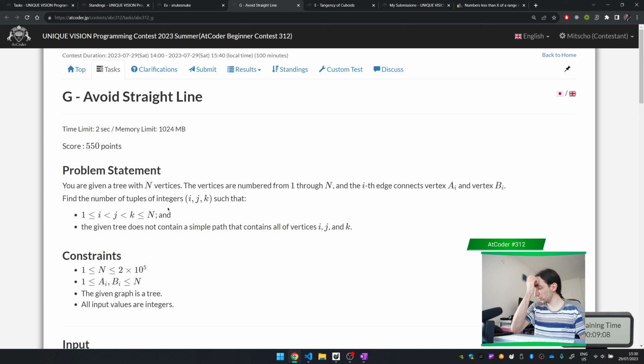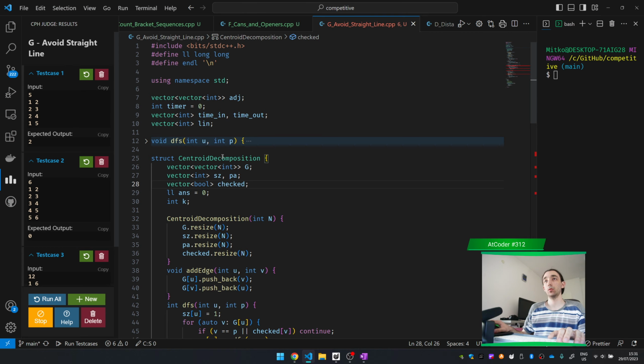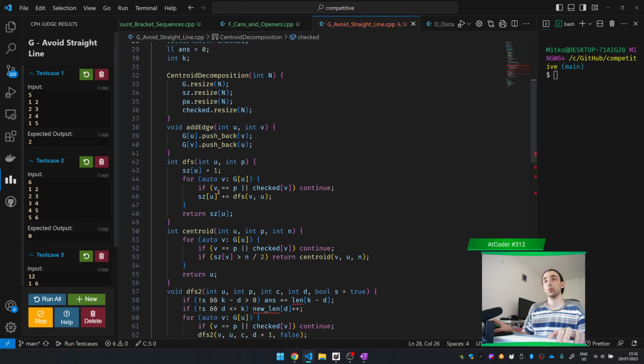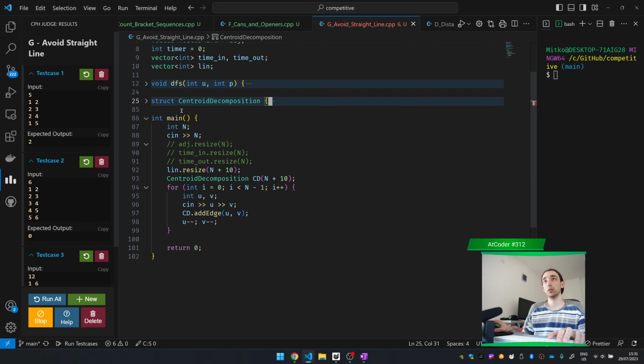So the best solution is somehow persistence. Persistence is hard to code. I mean, I don't care about this, but persistence is hard to code.